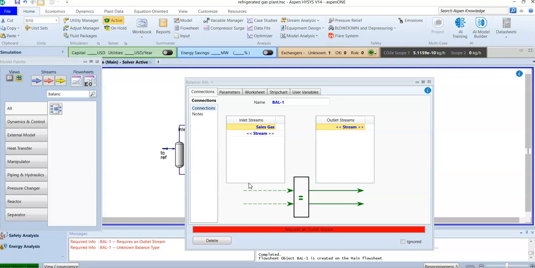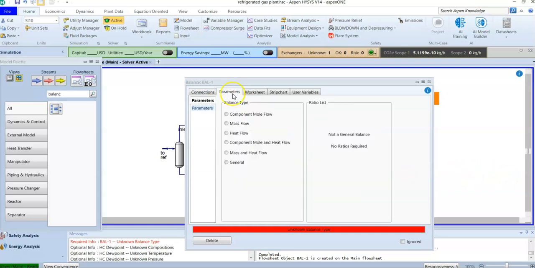before adding the connection. So the outlet stream here will be hydrocarbon. I'm going to add it, which is hydrocarbon dew point. So the balance between the sales gas and this hydrocarbon dew point, and this type that we are talking about for this balance.